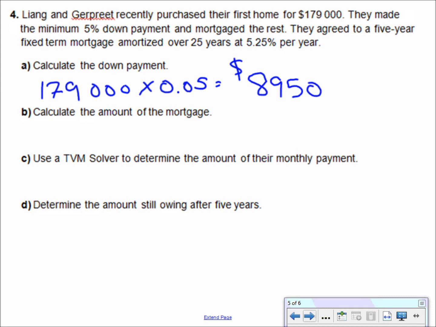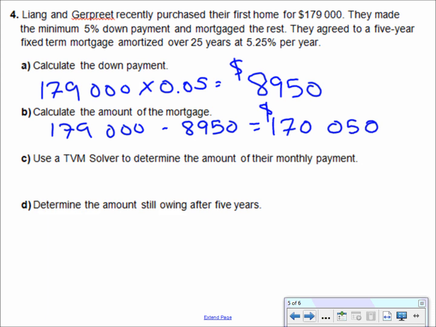Next, they want to know, calculate the amount of the mortgage. So the amount of the mortgage is what the original house price was, subtract their down payment, because it says they are going to mortgage the remainder of the house price.